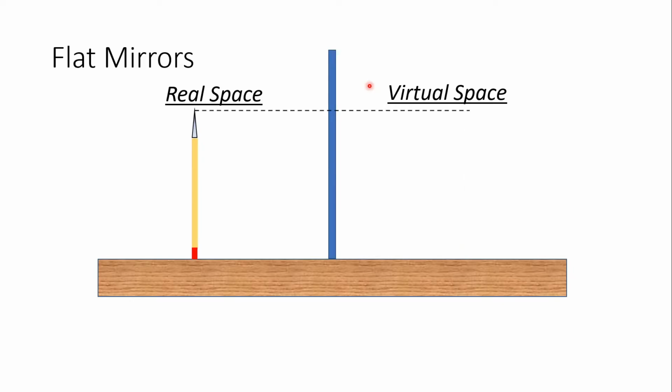Well, one way to do it is to start by drawing a line from one location of the pencil, perpendicular to the mirror surface. The second one is to draw a line that's at an angle to the mirror surface.